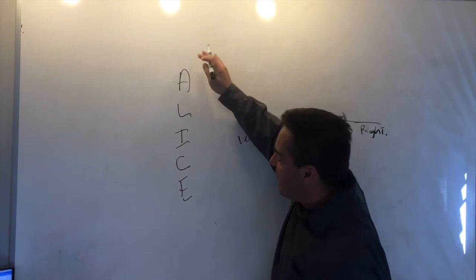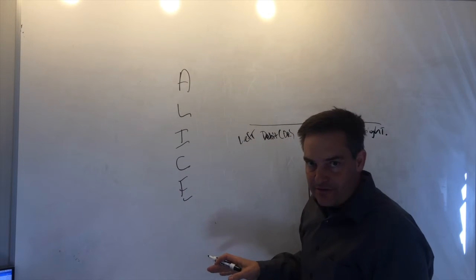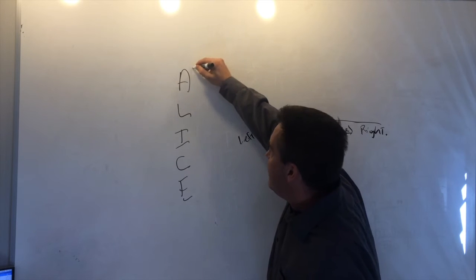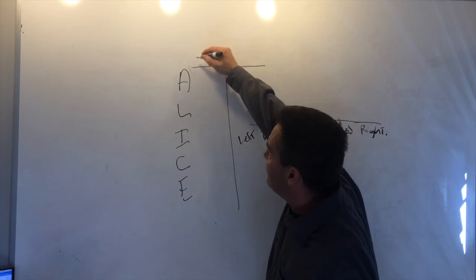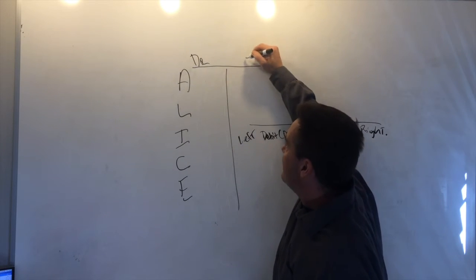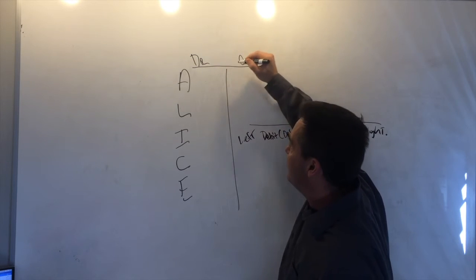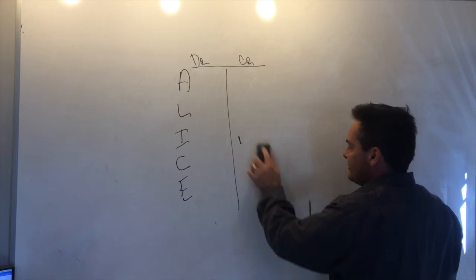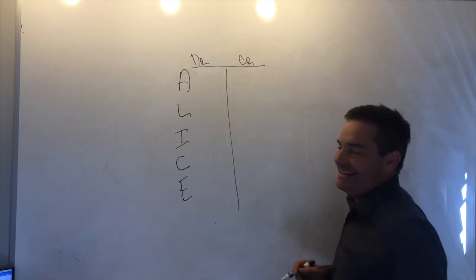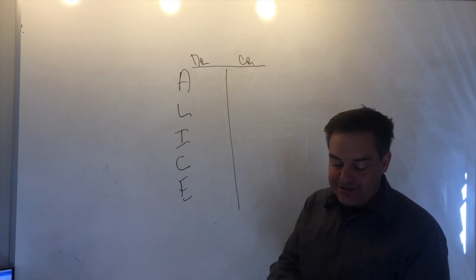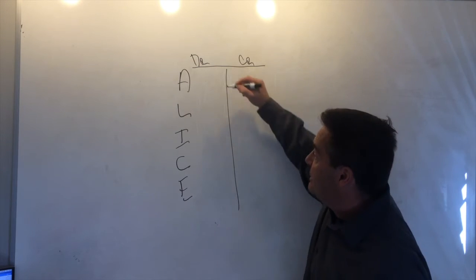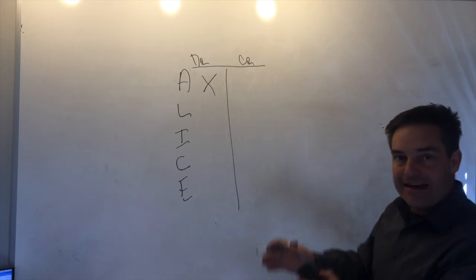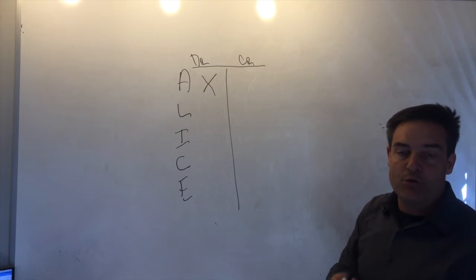So that's why I put the 5 different types of accounts in an Alice, A-L-I-C-E, like a girl's name. And what I'm going to do is make a little chart here, and I'm going to put a DR and a CR up here for debit and credit. The rule is that all asset accounts, so cash, land, buildings, computer equipment, all asset accounts get larger when we make entries on the left side of the account, or when we debit them.